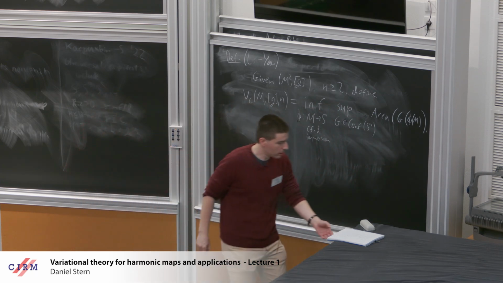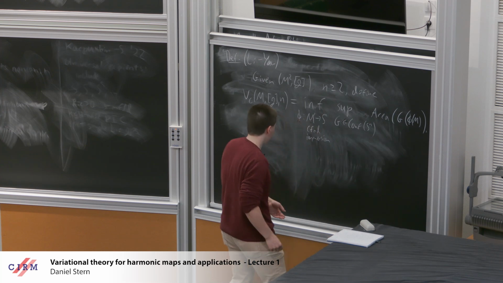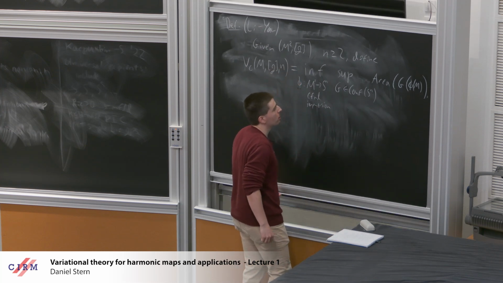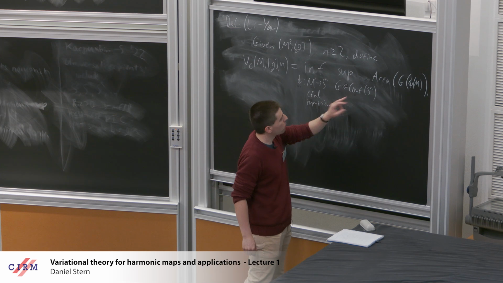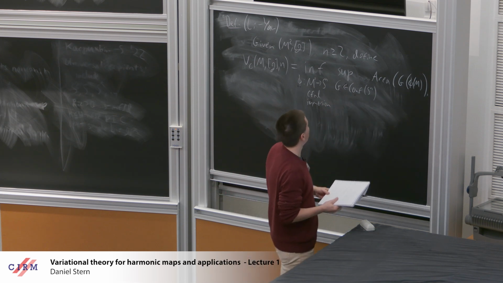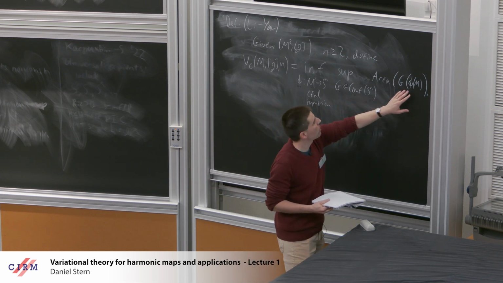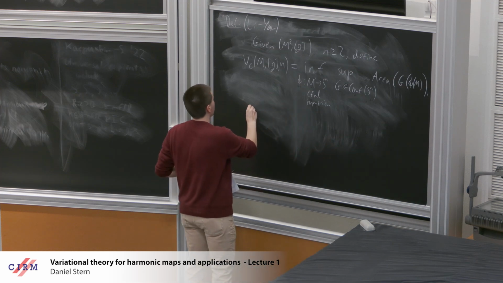So equivalently, let's observe we can write this a little more compactly. The conformal automorphisms are generated by isometries, which don't change the area, and by conformal dilations.